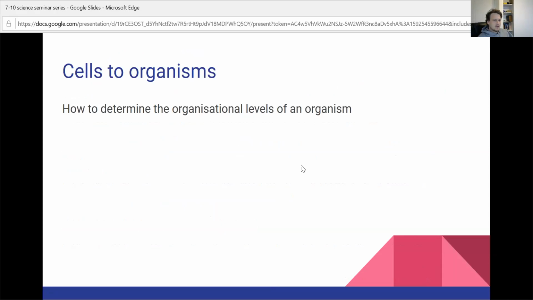The bottom of that pyramid is specialized cells, or cells that are designed to do a job. We then have tissue, organs, systems, and organism. We then go above that into ecosystems, depending on which textbook you use.